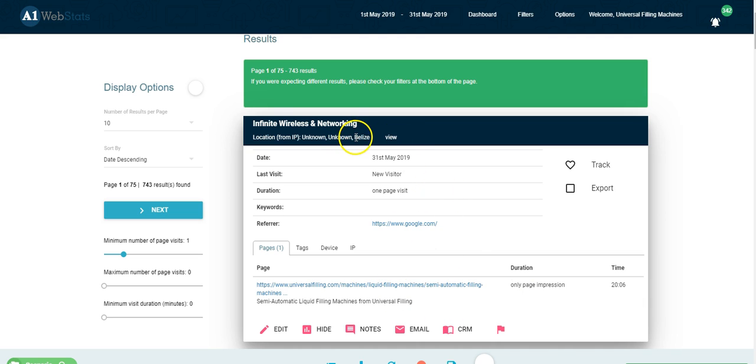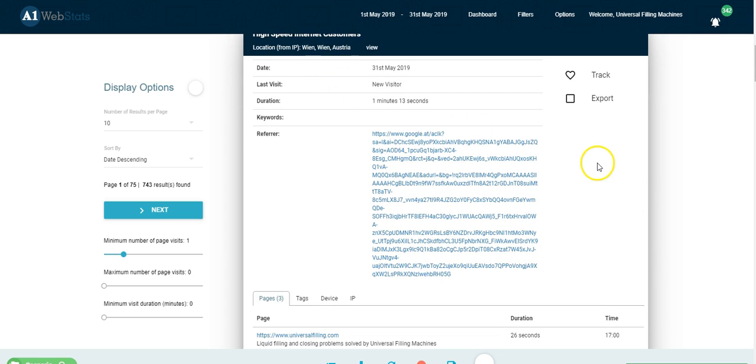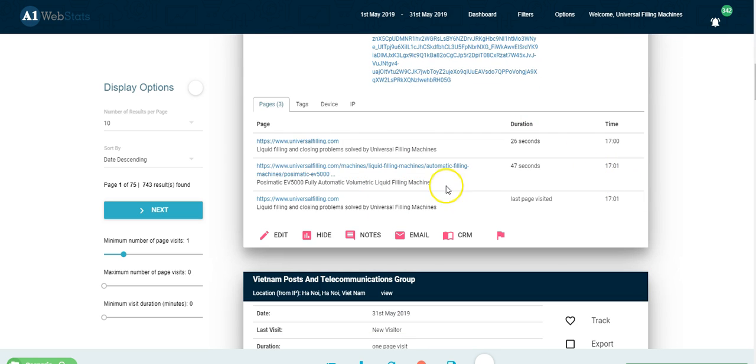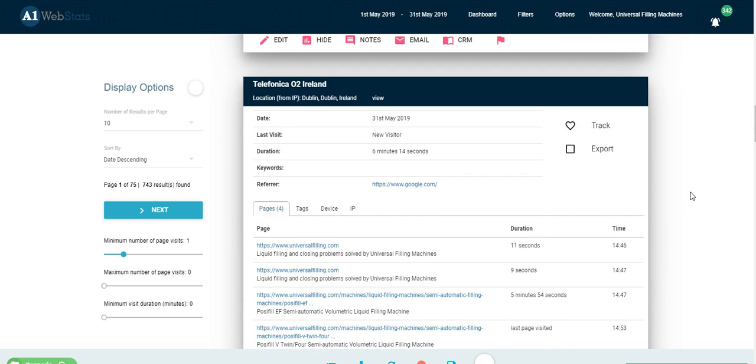In the case of these people from Belize, they did a Google search, landed on a particular page and went no further. These people from Austria also did a Google search. They went to a particular machine page and then backed out to the website. These people from Vietnam did a Google search, landed on a particular page and went no further.